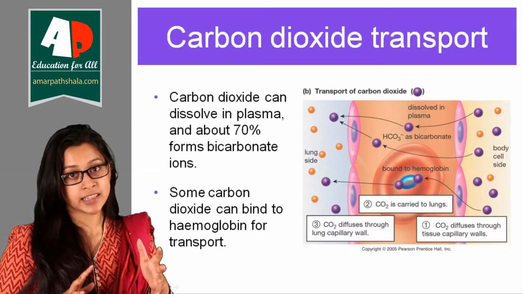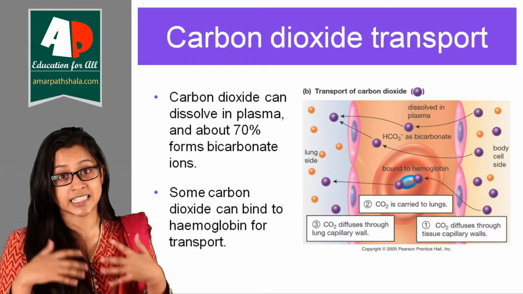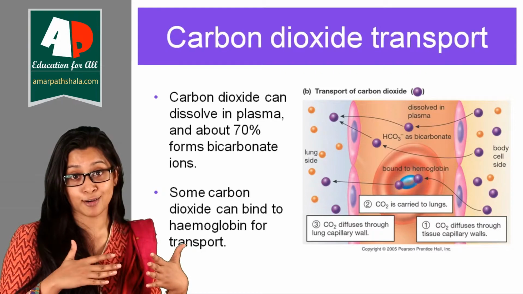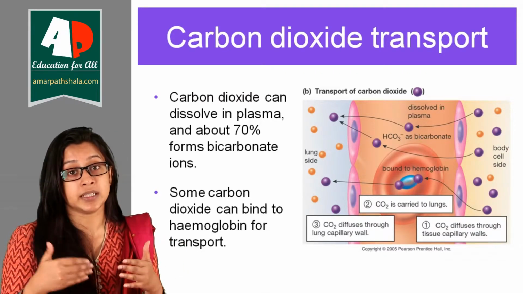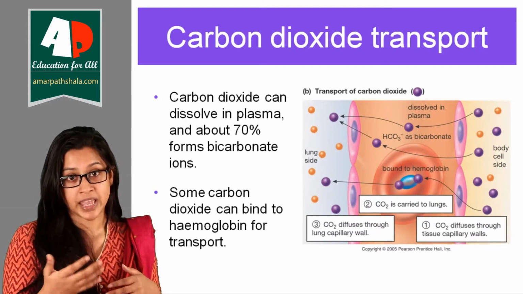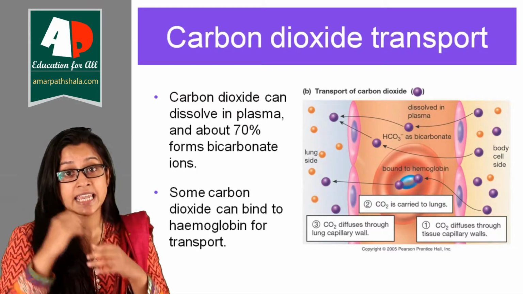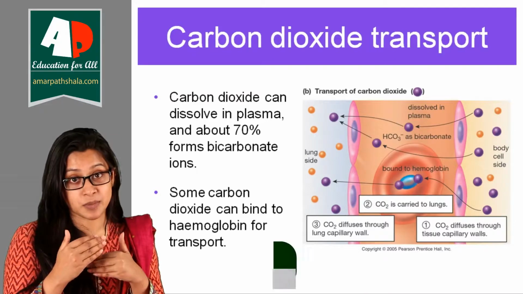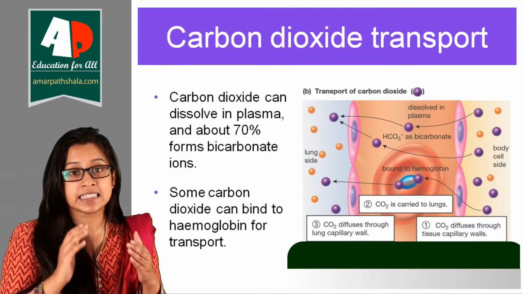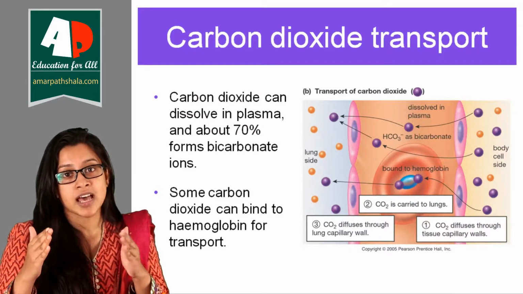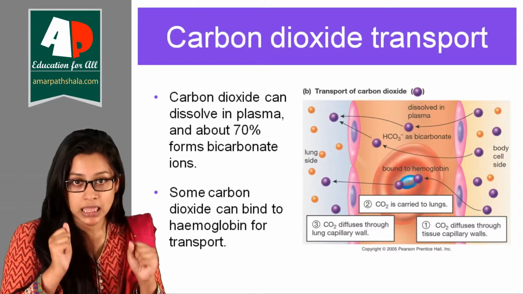In our cells or in the tissue where carbon dioxide is present and needs to be transported out, carbon dioxide diffuses through the tissue capillary walls into the bloodstream, and in the bloodstream it combines with the blood plasma, forms bicarbonate ions, and in this form carbon dioxide is transported to the lungs.